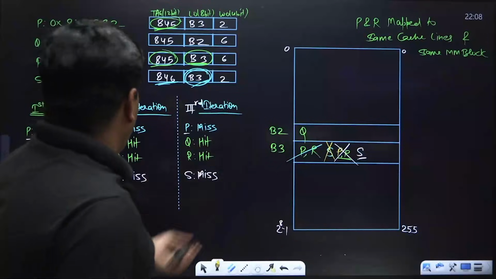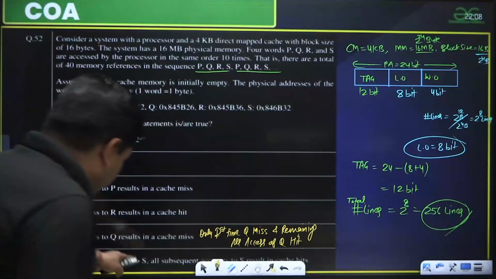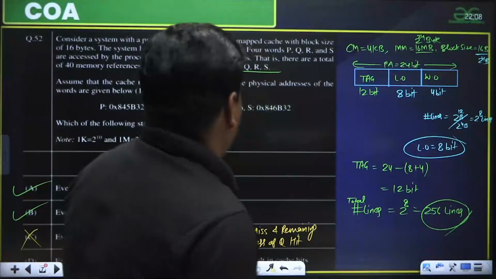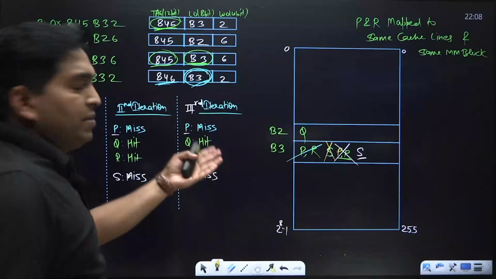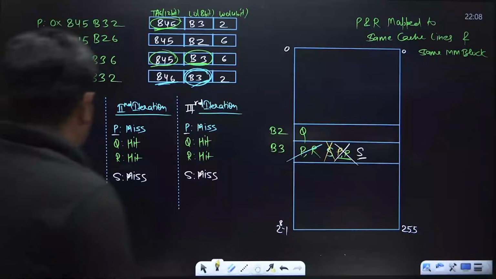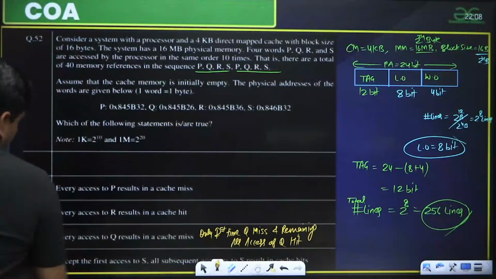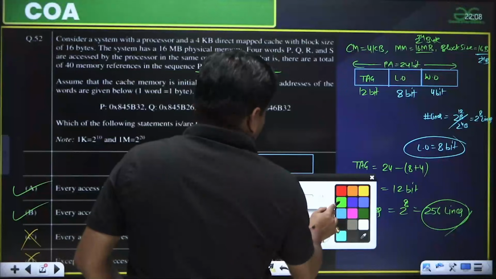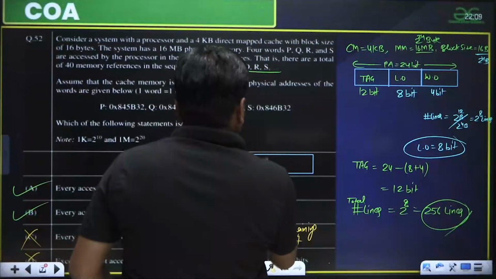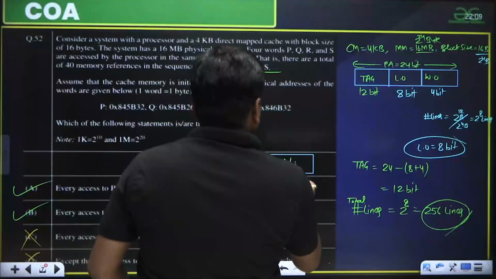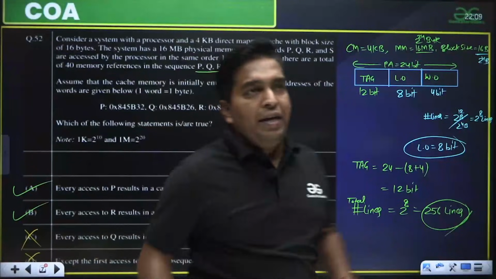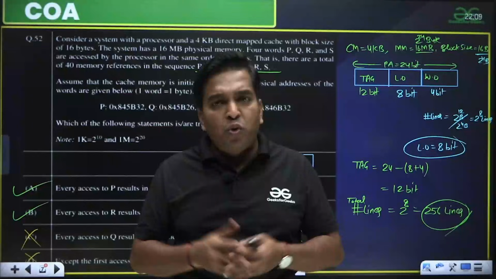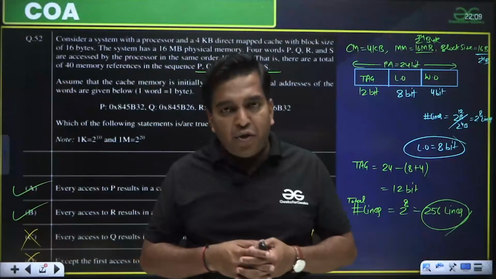Next, except the first access of S, subsequent accesses are cache hits. No, because S is a miss every time. So this is also a wrong answer. So what we can say, my dear student, is that A and B are the correct answers for this question. Hope you get it. Thank you everyone.